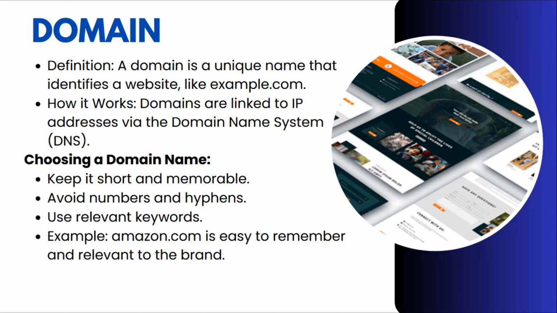Okay, and domains are linked to IP addresses via the Domain Name System. Before now, you had to use a long list of numbers, which are called IP addresses. So if you wanted to visit a website, you needed to type those numbers, like a phone number.